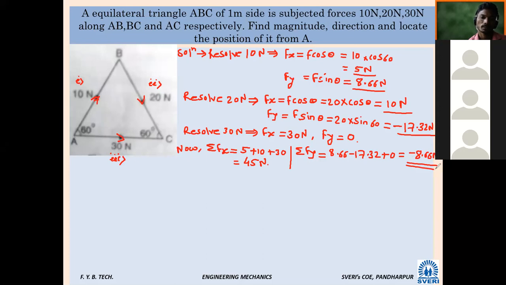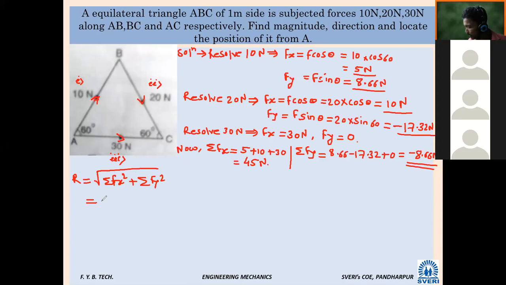So summation Fy we found, summation Fx we found. Now how to find the resultant R? Under root of summation Fx square plus summation Fy square. Calculate and tell me.